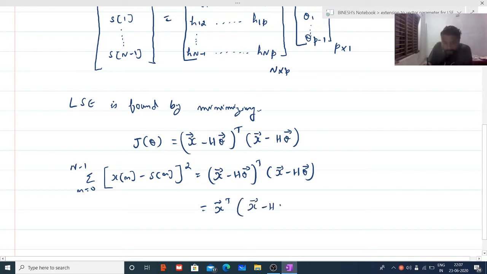Okay, so I will multiply this out. H theta transpose can be written as theta transpose into H transpose.